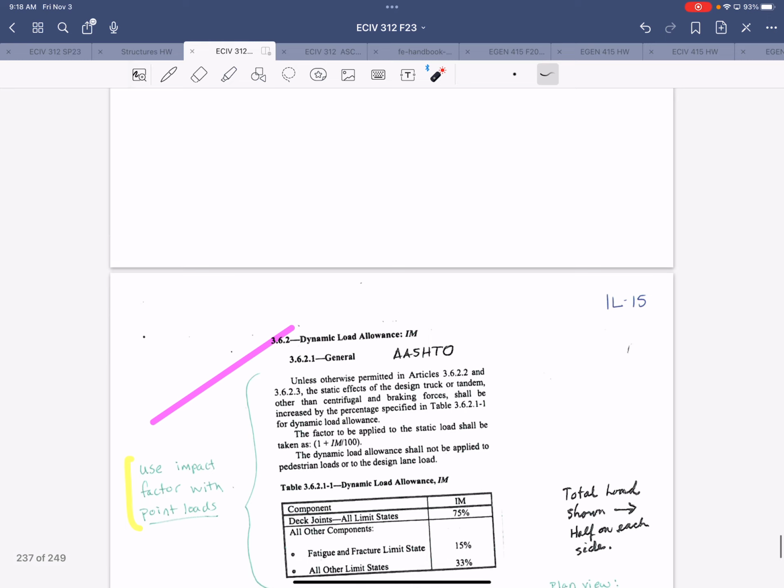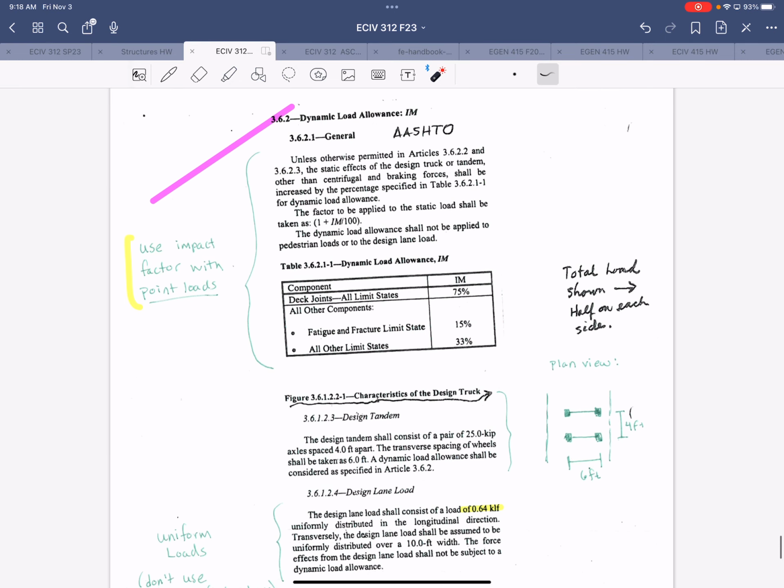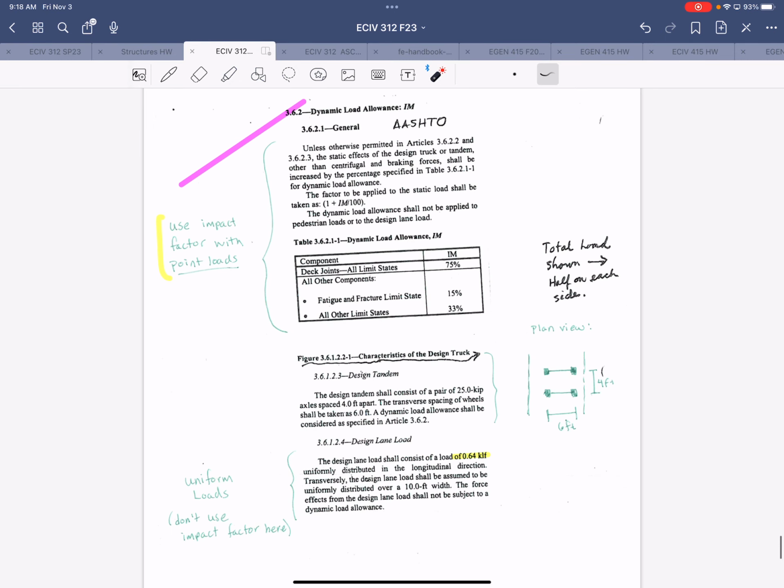It's pretty straightforward. We'll get into uniform loads in a moment, but at this point I want to take a minute to show you some of the stuff that you'll see in Chapter 2, those 2 sections, 17 and 18 of Chapter 2, related to AASHTO requirements for bridge loads and railway bridge loads. So this section of AASHTO basically defines the impact factor for different limit states.